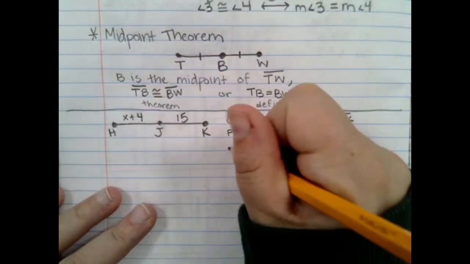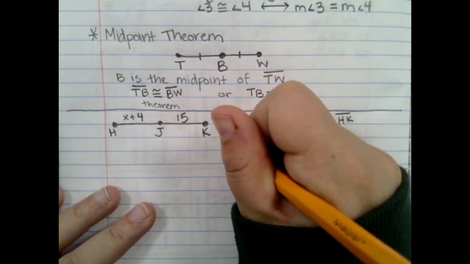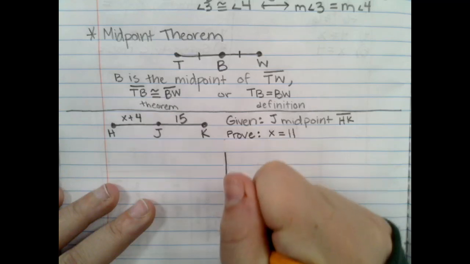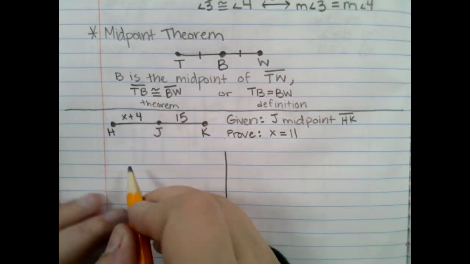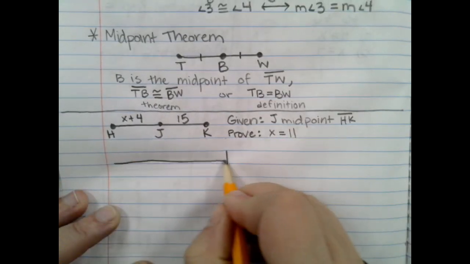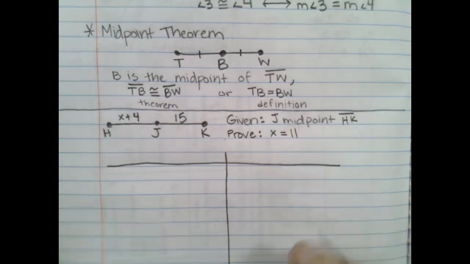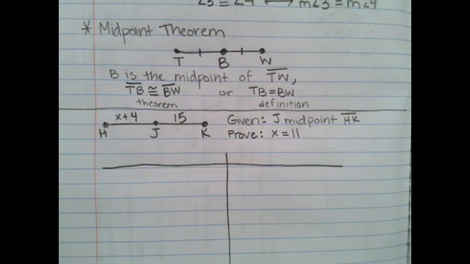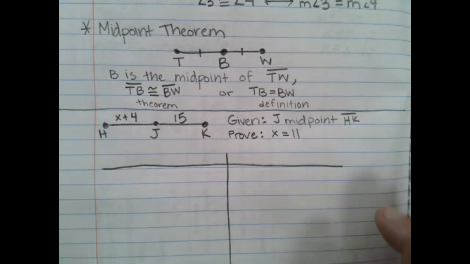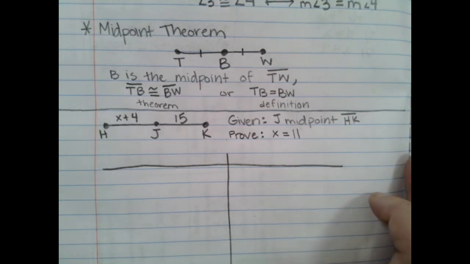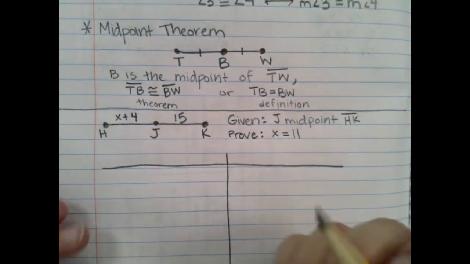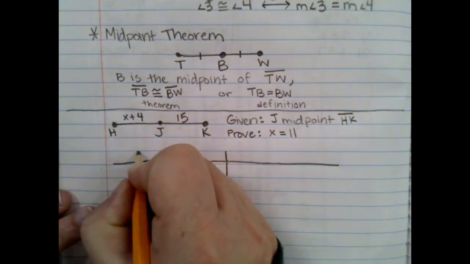So with a proof, remember it's a 2-column proof. We're going to learn 2 other ways of doing proofs called flow proofs and paragraph proofs, but we'll wait until chapter 4 to do those. We're going to just learn one way to do it right away. On the left side, we have statements.